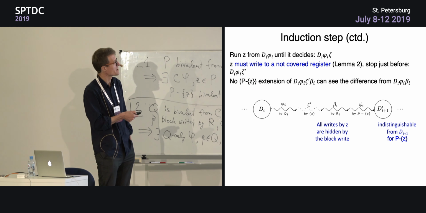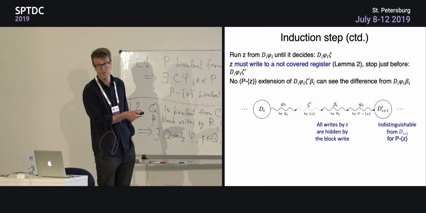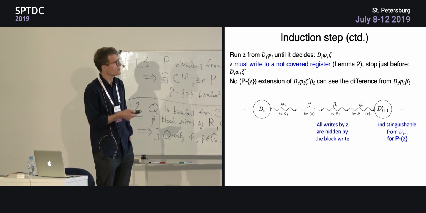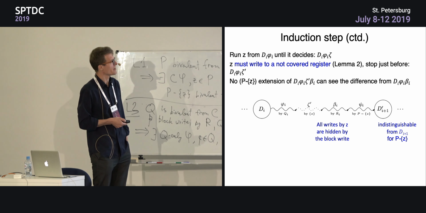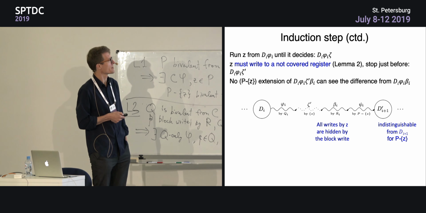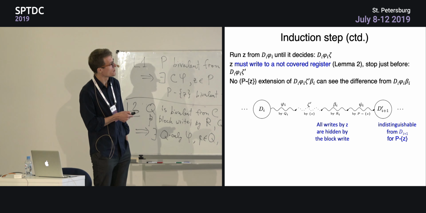So this is what I'm doing. This is phi. This is the block write beta I, by some set Ri, it doesn't matter. I'm not sure I use Ri anywhere. I use QI, this pair of processes QI. This is my zeta, which I use here.